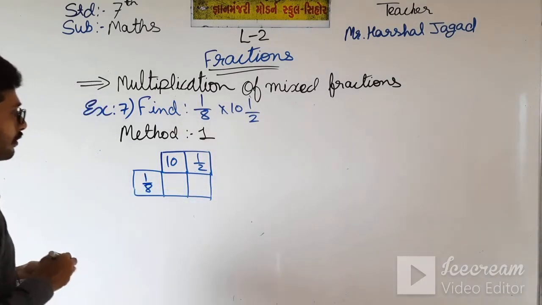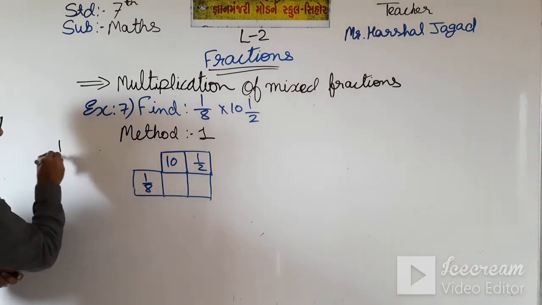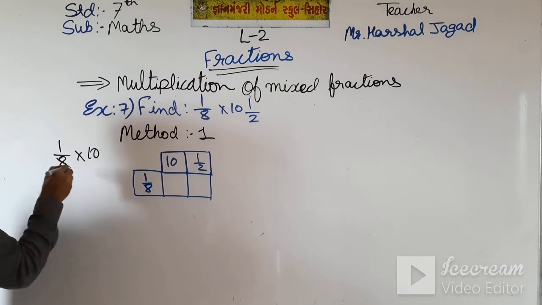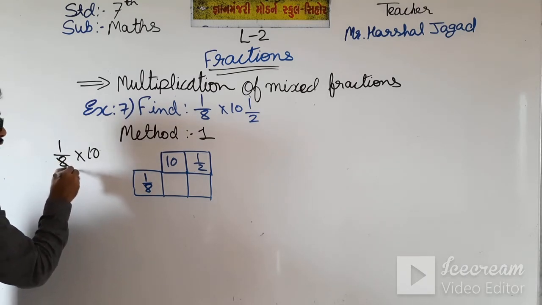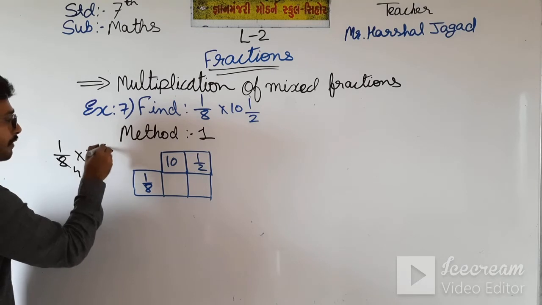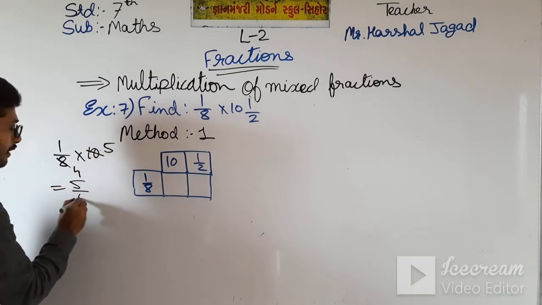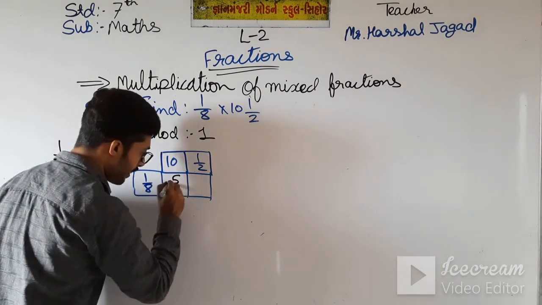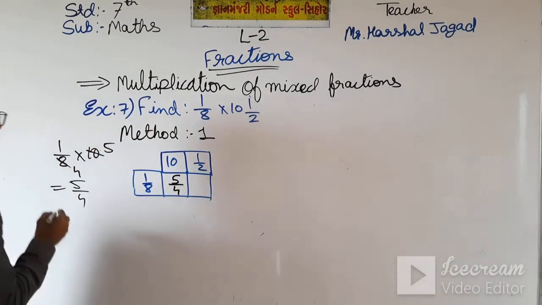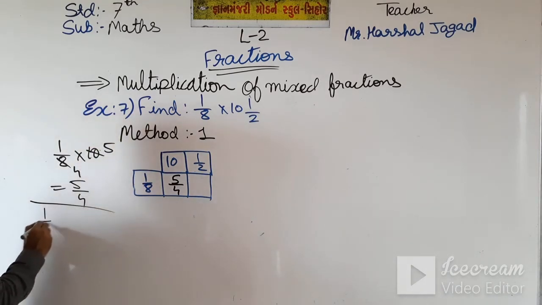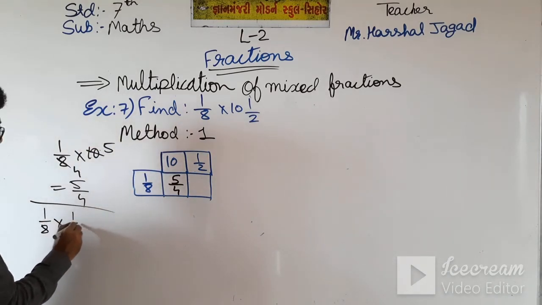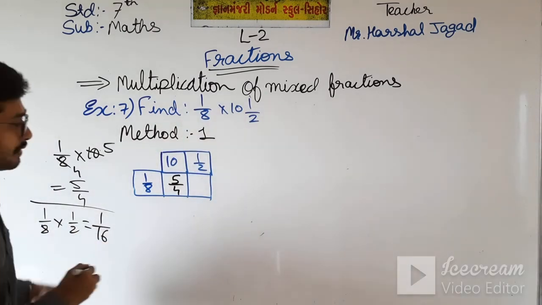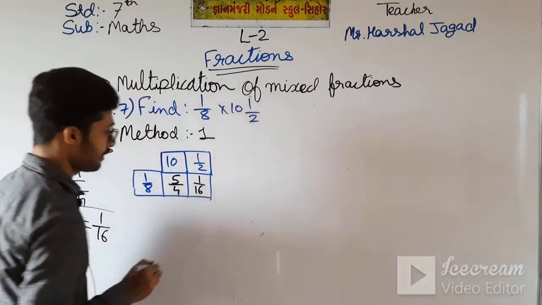Okay students, so if we multiply 1 by 8 into 10, so what we will get? 2 4s are 8 and 2 5s are 10, that is 5 by 4. We get 5 by 4. Okay students, we will write here 5 by 4. Next, we will solve 1 by 8 into 1 by 2, that is 8 2s are 16, 1 by 16. Okay students, here 1 by 16.